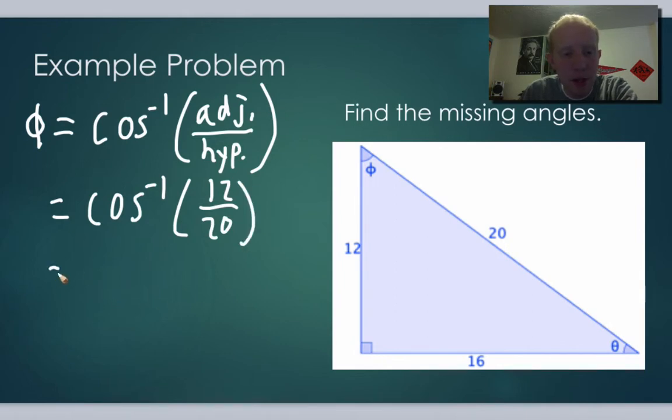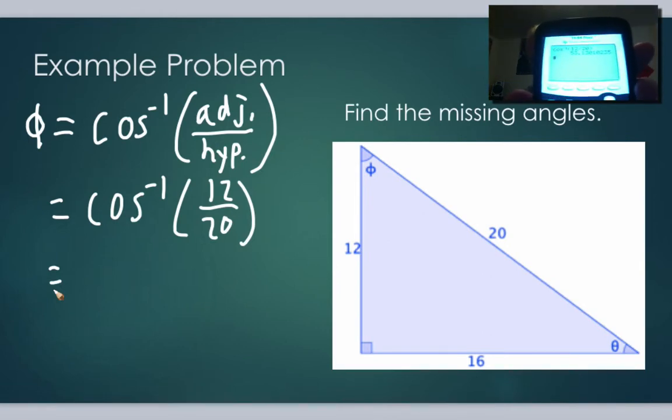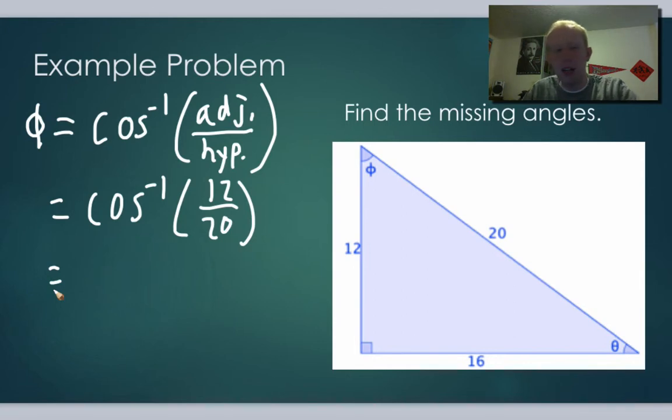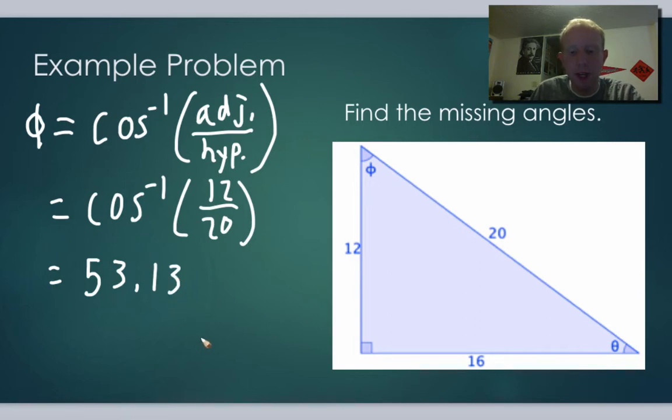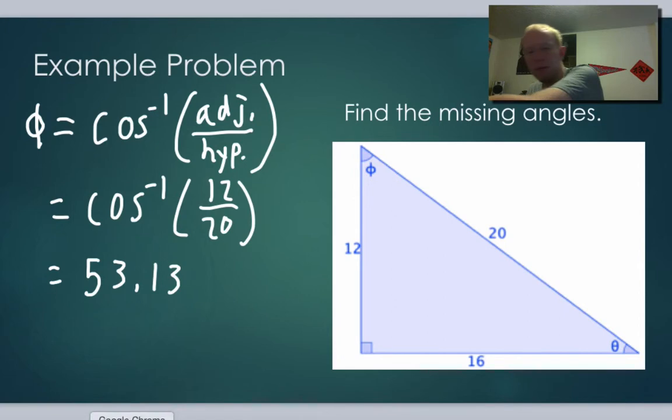Okay, and that's it. We just got to plug that into our calculator. Again, make sure you do the cosine inverse option of 12 over 20. And you should get, when you plug that into your calculator, 53.13. Okay? So that is the angle of phi.